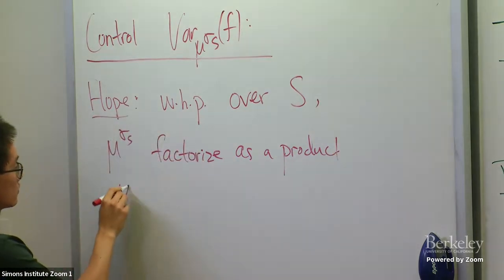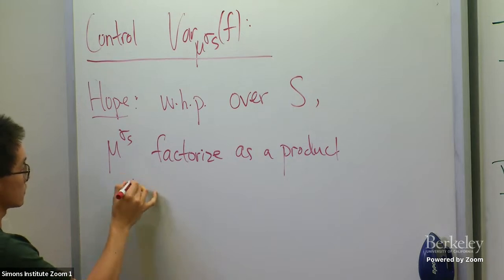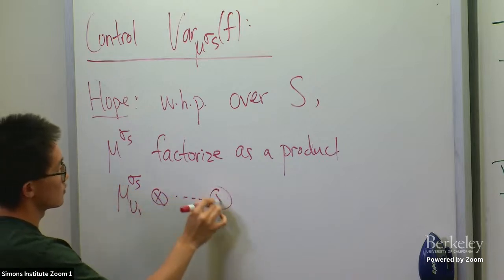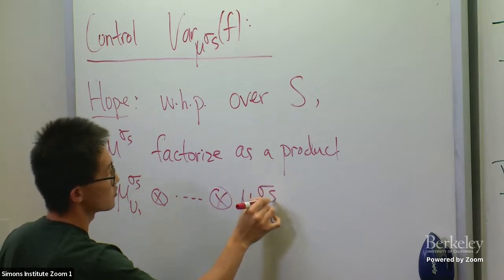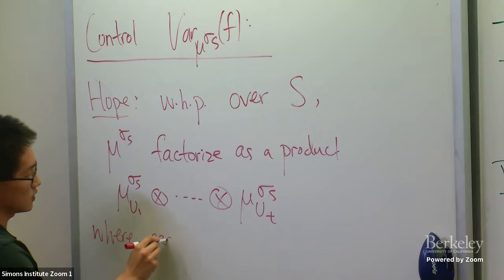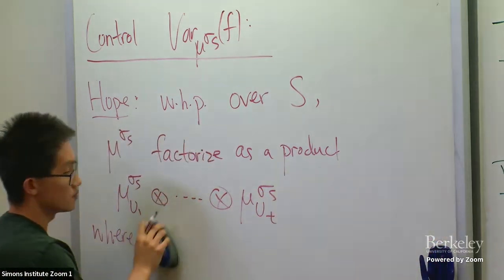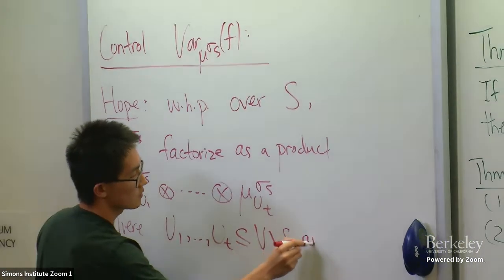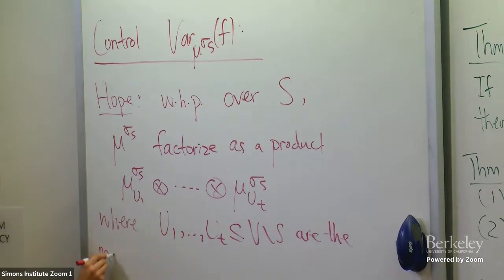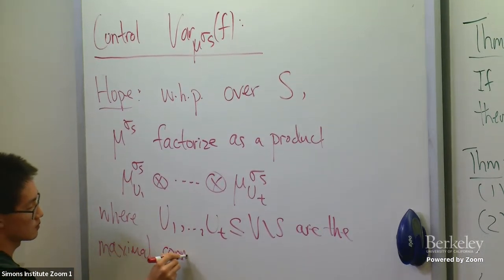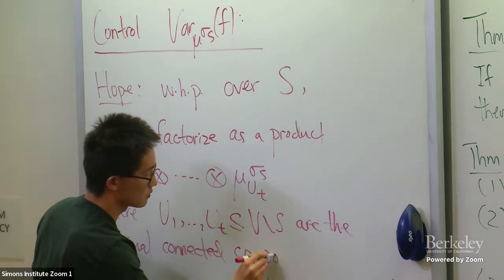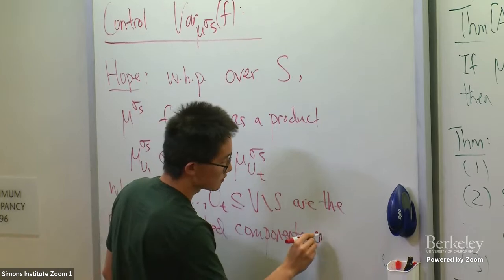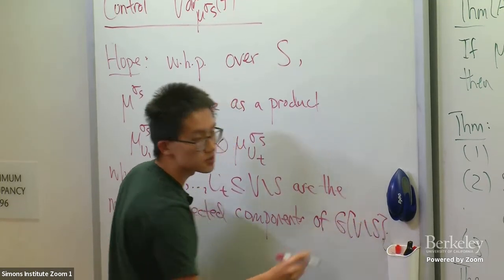So maybe let's call it, say, mu of, so I'm still conditioning on everything in S, but now I'm looking at a smaller subset of vertices, where each U1, ..., UT are the maximal connected components of the induced subgraph after I deleted those S vertices.